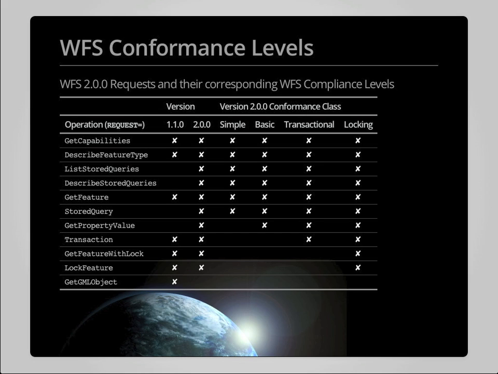Also, in the transition from version 1.1.0 to 2.0, the get GML object request was removed from the standard, as that capability has essentially been subsumed within the more general get feature request, which has remained available in both versions.